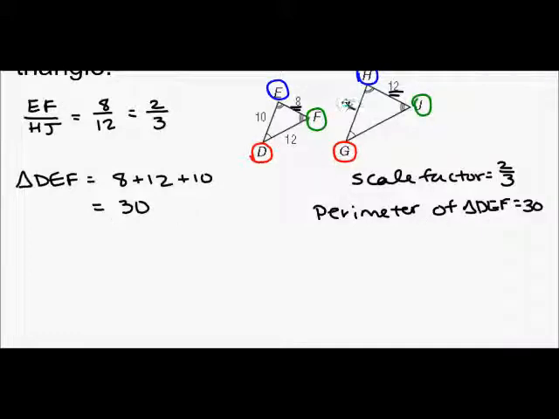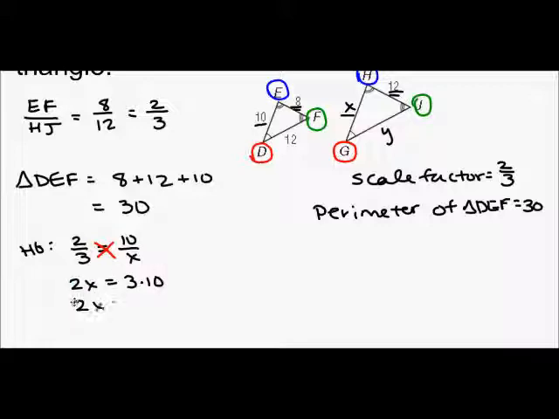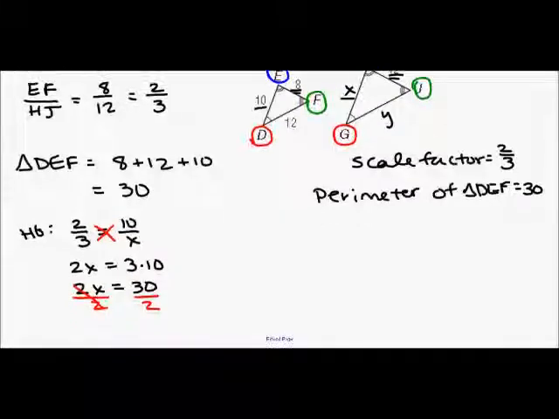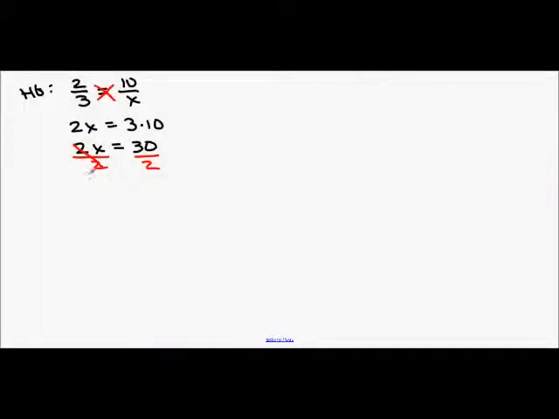So I'm going to call this side X, this side Y. And 2 over 3, my scale factor, equals 10 over X. So this is for HG. So 10 and X go together, and our scale factor is 2/3. So cross multiply, we get 2X equals 3 times 10. So 2X equals 30. Divide by 2. And our side length is 15.